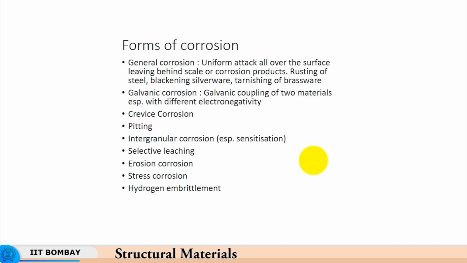So, we prevent corrosion by passivating the surface, by generating a kind of oxide which will prevent the material from any further reaction with the environment.